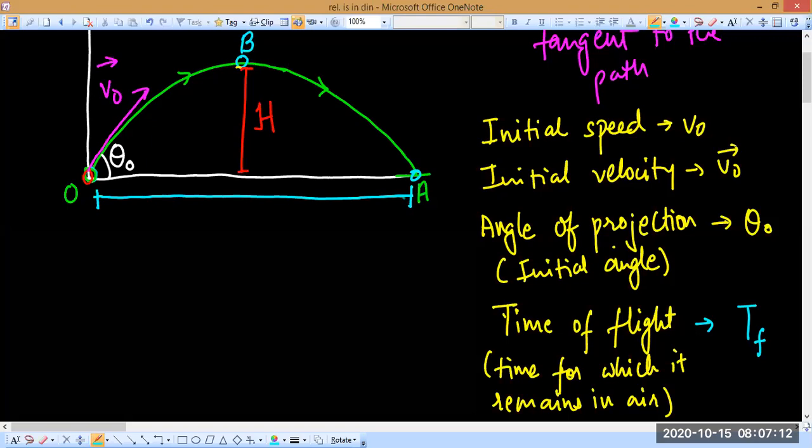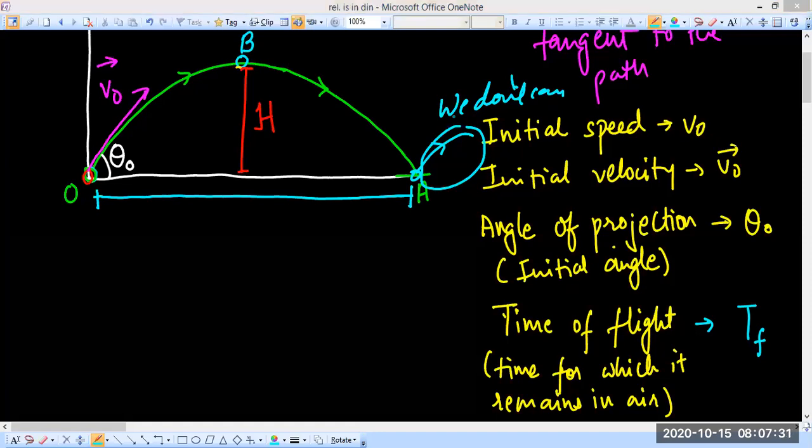I repeat, it hits the ground for the first time, that's it. Even if it bounces after that, we don't care about this part. Why don't we care? Because there is a lot of complication involved in understanding what happens over there. That will come later, I think in chapter 6. So this is called range, R. It's a very easy word.